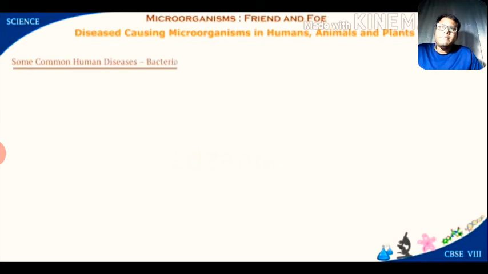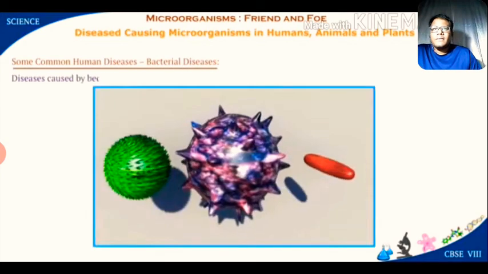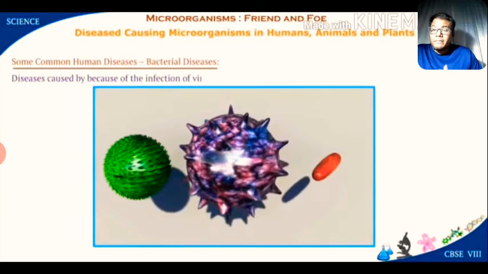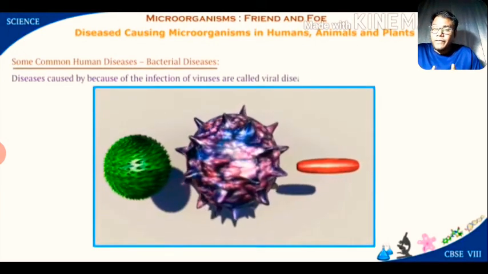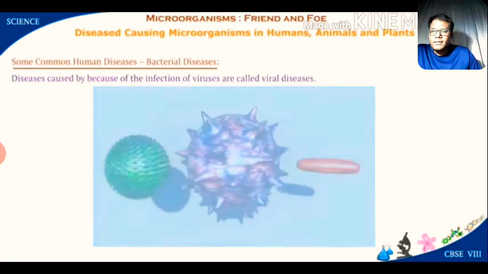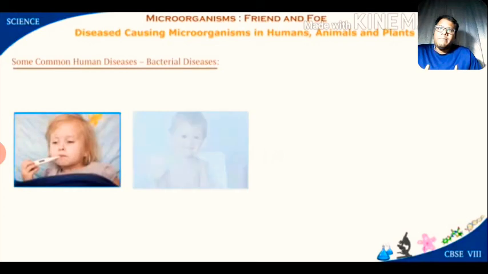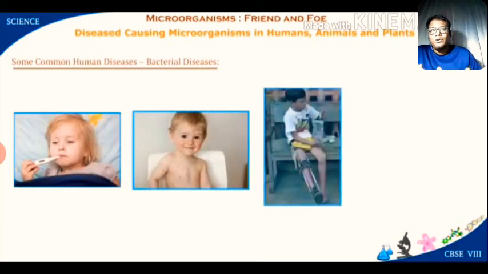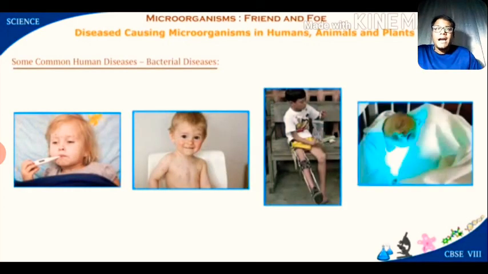Some common human diseases. Viral diseases. Diseases caused by the infection of viruses are called viral diseases. Measles, chickenpox, polio and hepatitis B are examples of viral diseases.